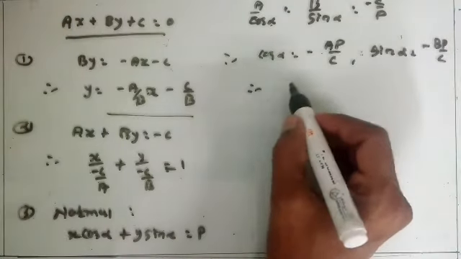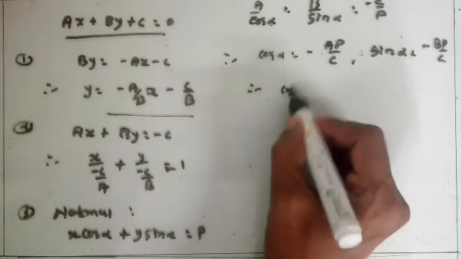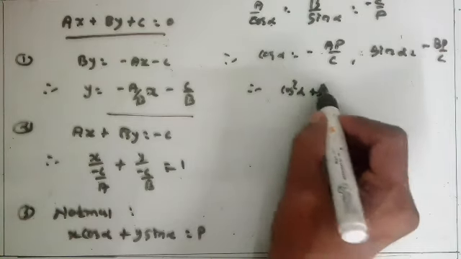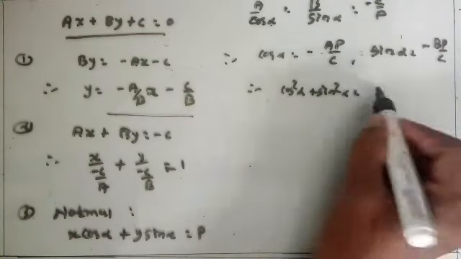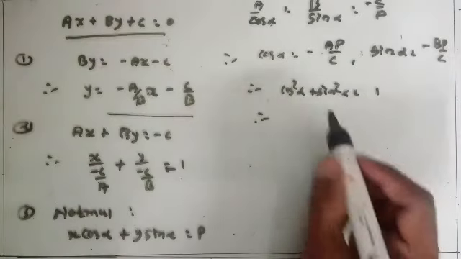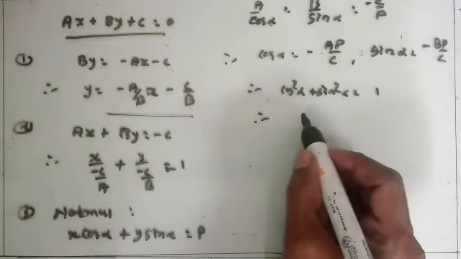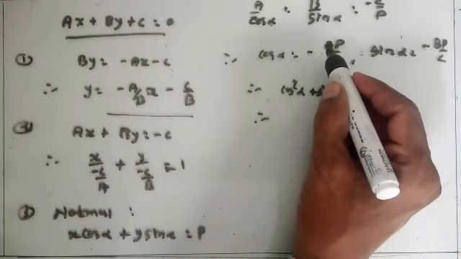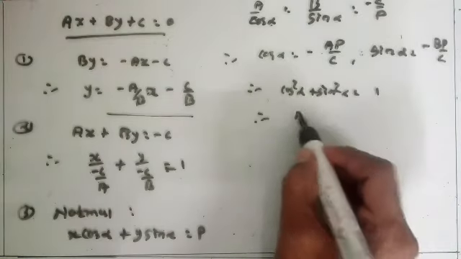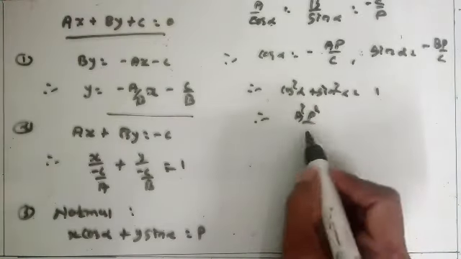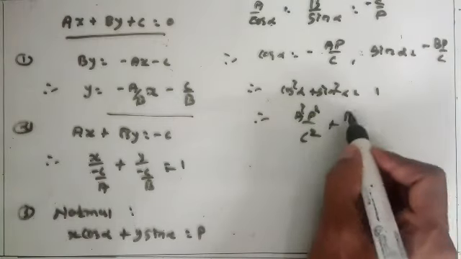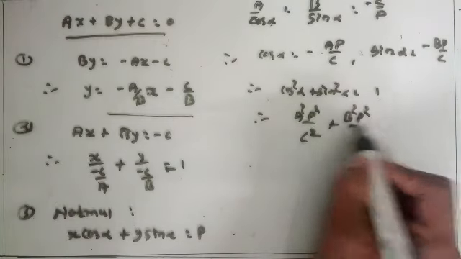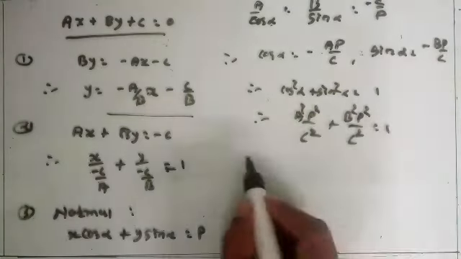So using the identity cos square alpha + sin square alpha = 1, we get the value of p. Here the squares give a square p square upon c square plus b square p square upon c square is equal to 1.